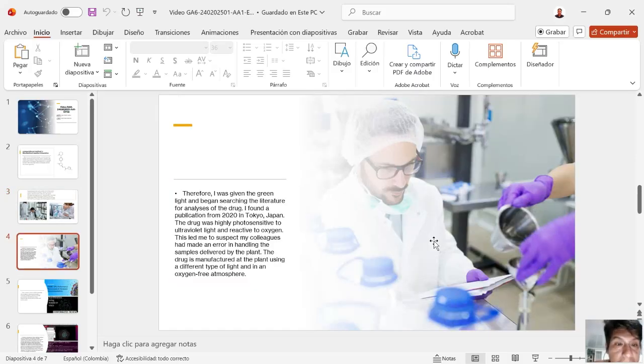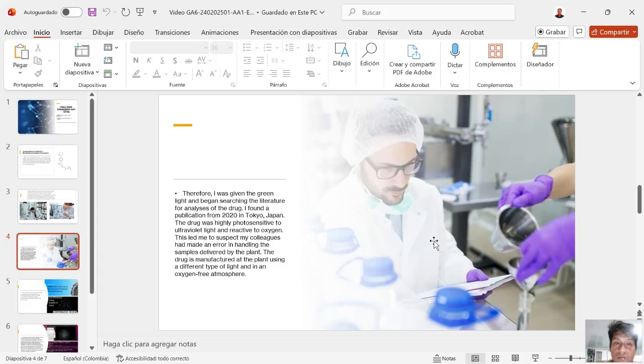Therefore, I was given the green light and began searching the literature for analysis of the drugs. I found a publication from 2020 in Tokyo, Japan. The drug was highly photosensitive to ultraviolet light and reactive to oxygen.